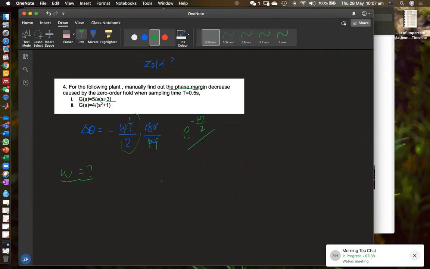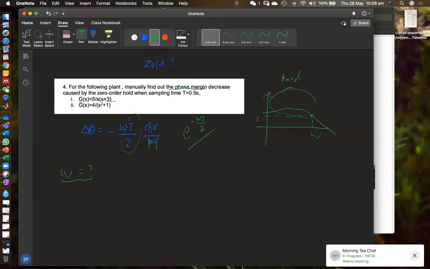The bandwidth is, when you have this Bode diagram, this omega where you got the gain equal to 1. Inside this is what the system can handle.